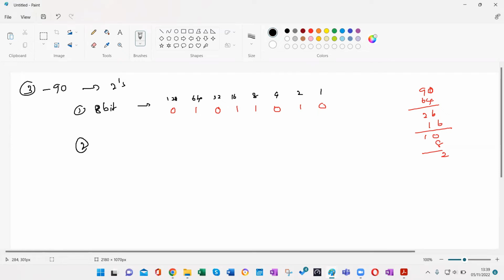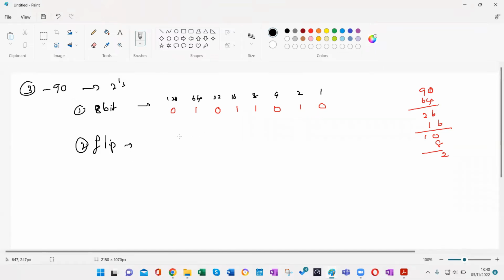Okay, the second step is to flip the bits. And when you flip, what do you get? Can anyone tell me? What do you call the result that you get after flipping the bits? Which form? We are in the process of converting minus 90 into 2's complement, right?